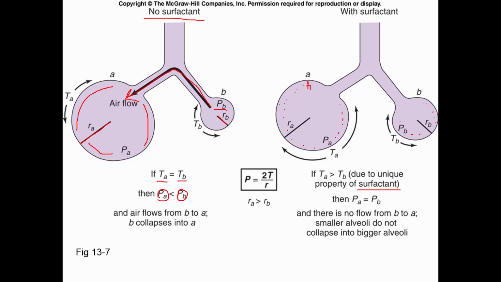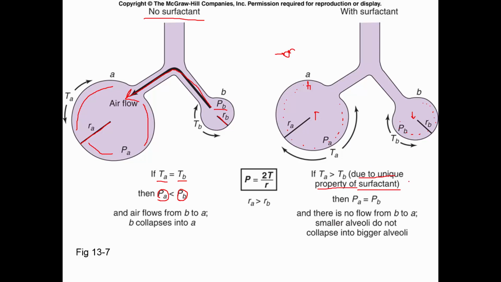By allowing the water to spread out in a film, we don't have the water beading up and pulling more fluid into the lungs. And because of this area dependence, in our little diagram we have a lower surface tension in alveolus B, so it's lower here than here, due to a unique property of surfactant.